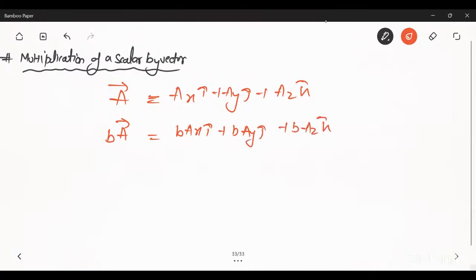Simply, if you multiply any scalar by a vector, all its components are also multiplied by that scalar.